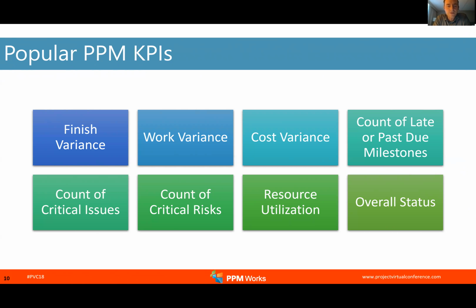Counting critical issues for a project, counting critical risks, looking at overutilized resources, and then maybe combining several of these into what we call an overall status. These are just 8 commonly used KPIs we see in Project Online environments. There are definitely more. In fact, earned value has probably another 8 in and of itself. If your organization does earned value, there's lots of great KPI data there.